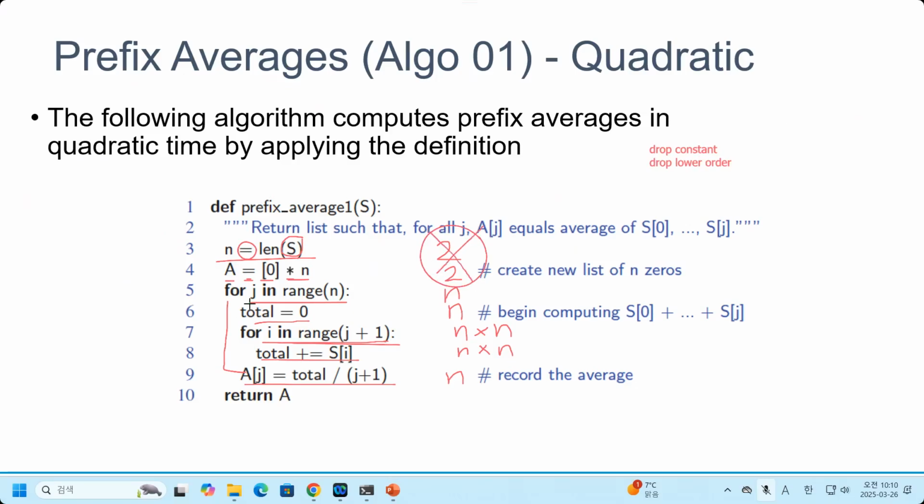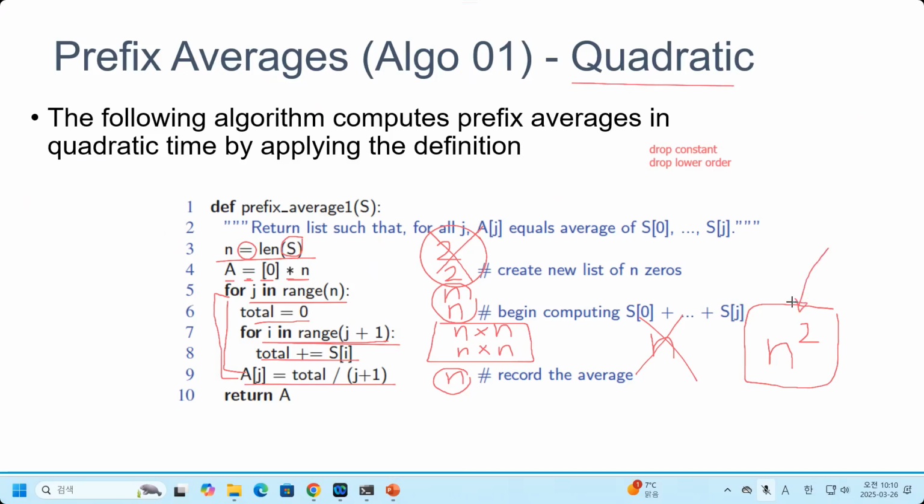In this case, the highest one is n multiplied by n, so n to the power of 2. What is the lower order? The lower order is n, so we can just drop this one. So we say that this function is quadratic because we just look at the highest order.